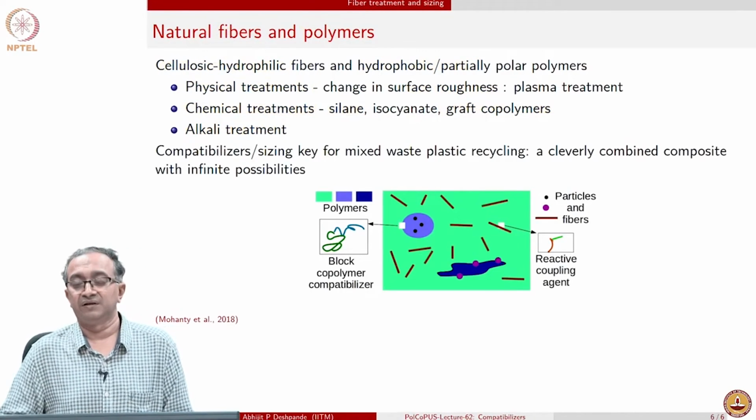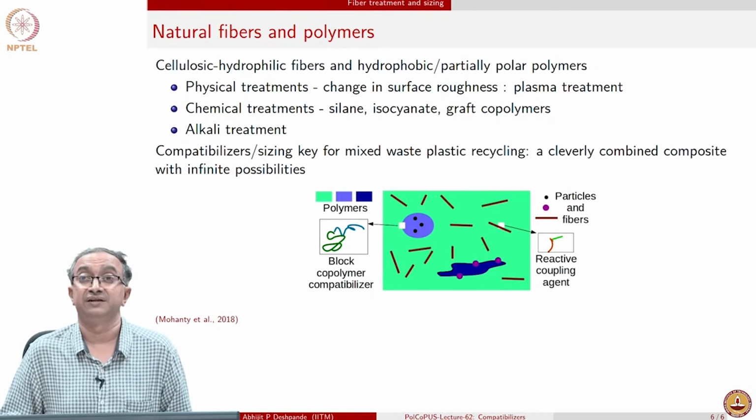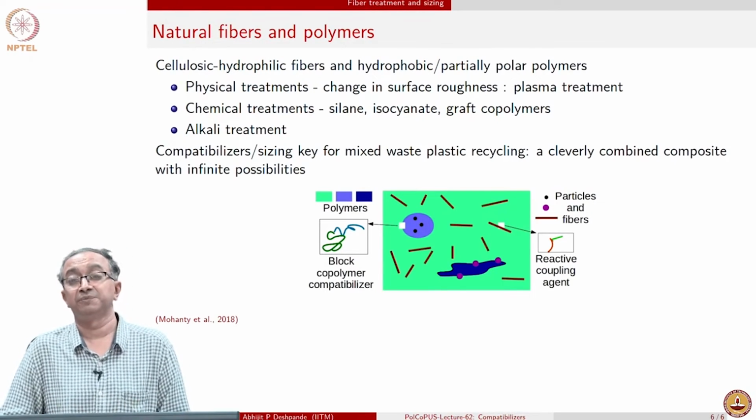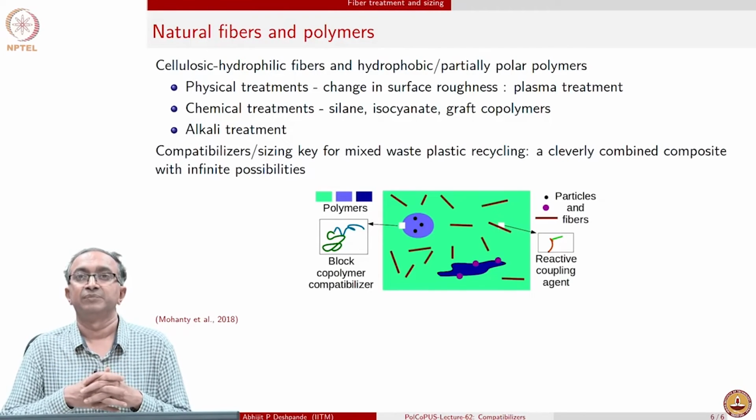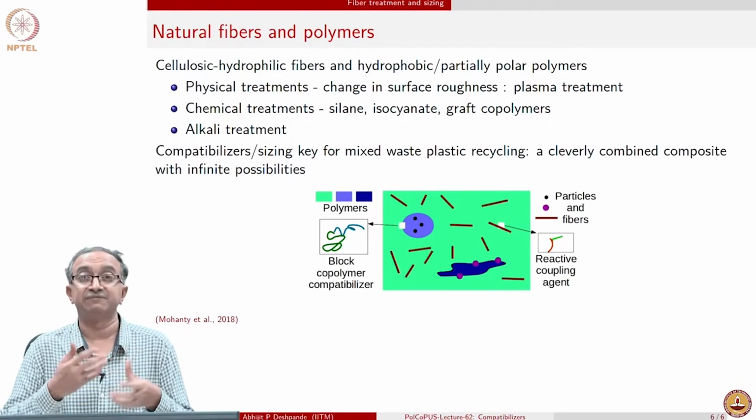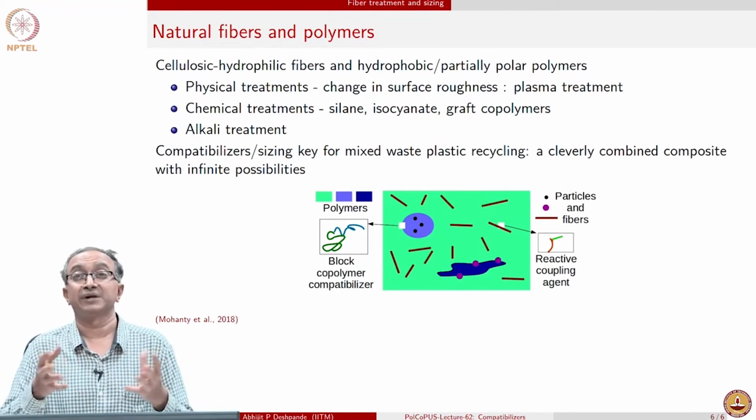In general, the idea of compatibilization is very important from a sustainability point of view also, because we have seen that mixed plastic waste is the major challenge to recycle. In terms of all these different components, if we have polypropylene, polyethylene, polyethylene terephthalate, all of them are not compatible with each other.